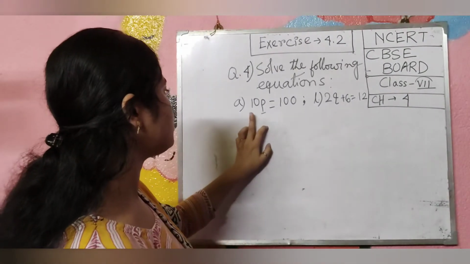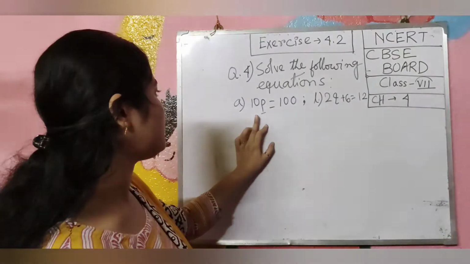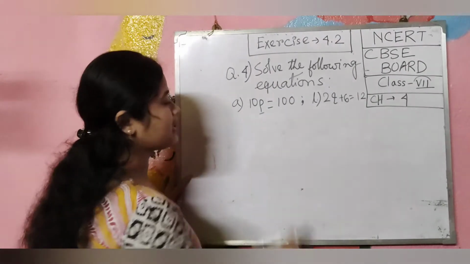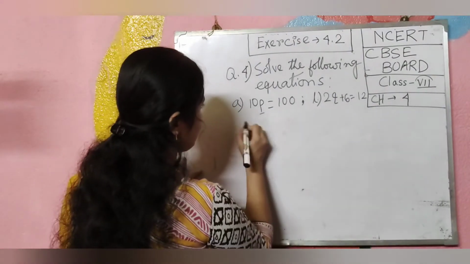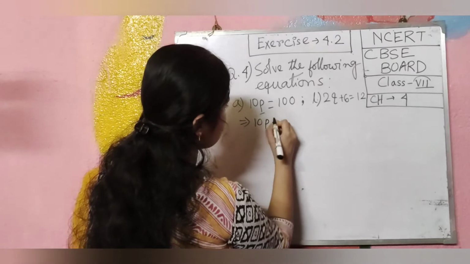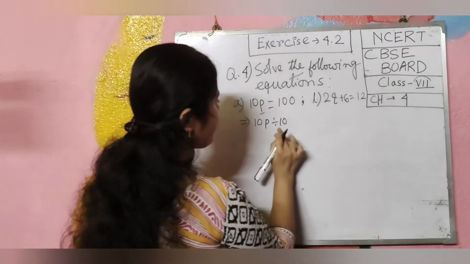The extra part with the variable is the multiplication by 10: 10 times p equals 100. So what is the opposite of multiplied by 10? That is divided by 10. So I will write 10p divided by 10. Multiplied by 10, the opposite is divided by 10.